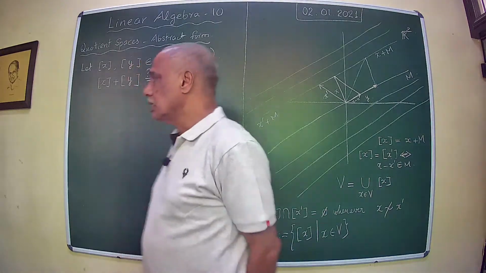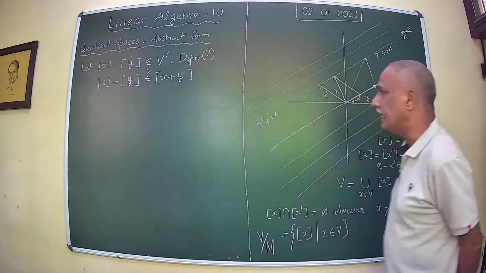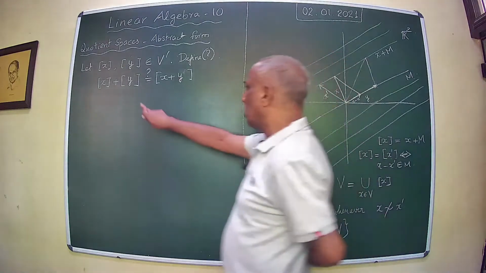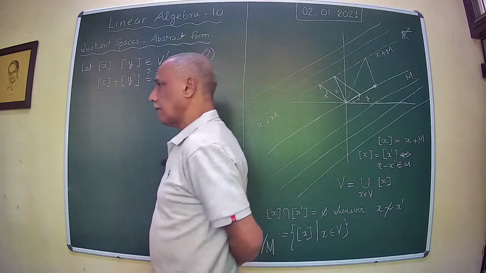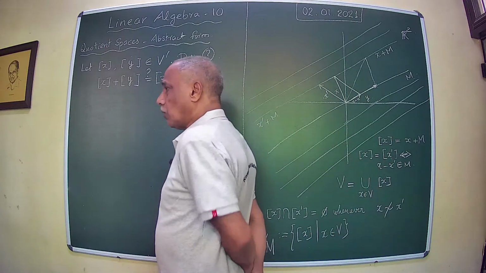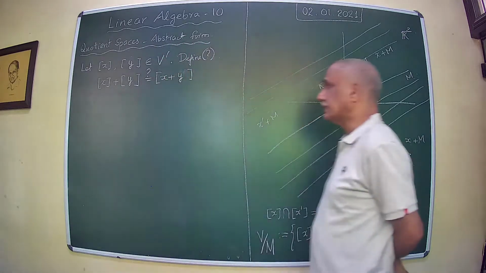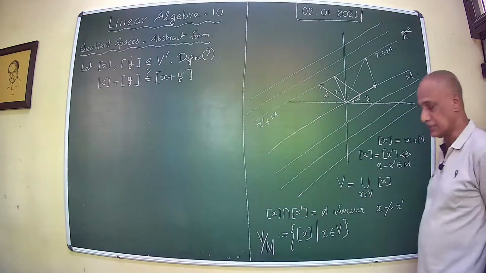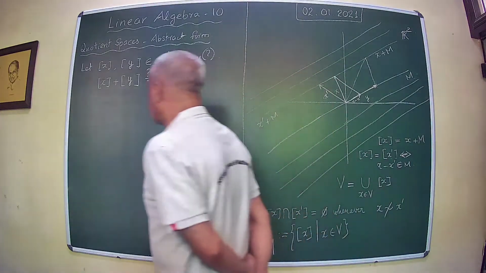Okay? So your definition here is based on the sum of x and y. But what if someone else writes the bracket x as x prime?